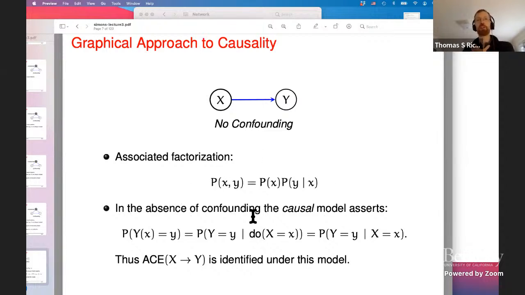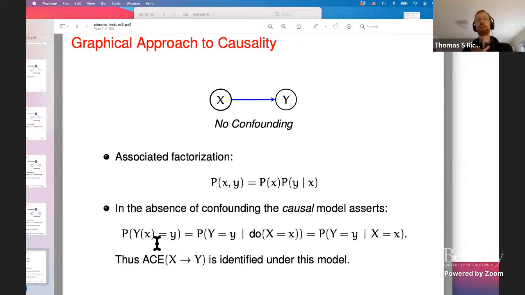In the absence of confounding, the causal model asserts, and here I'm writing the assertion both in terms of potential outcomes and in terms of do that we saw on Tuesday, that the distribution over y, if everyone were forced to take the value x, is the same as the conditional distribution for y given x equals x, which are 2 ways of saying the distribution where we intervene to set x to x.